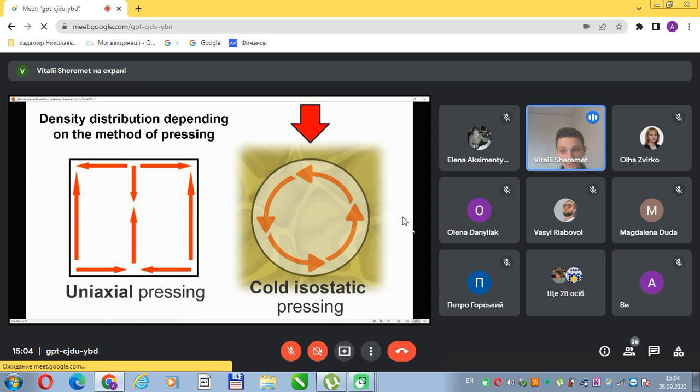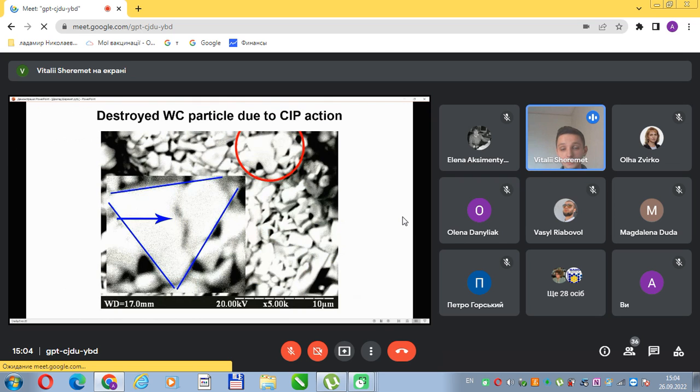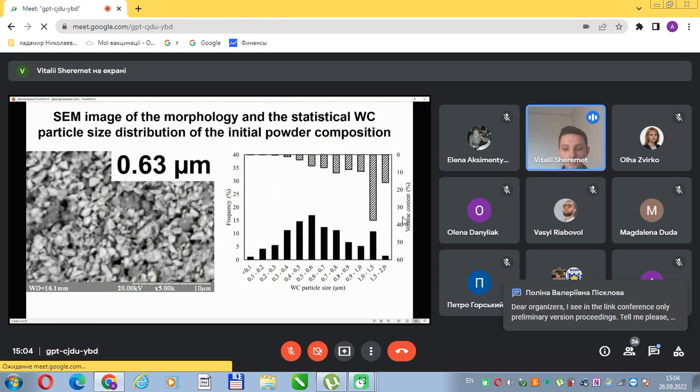Previous studies have shown for the first time that the largest tungsten carbide particles can be crushed under the action of high pressure of cold isostatic pressing. This slide shows the morphology and statistics of the initial raw powder composition.